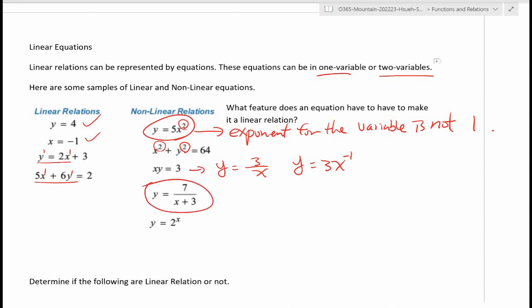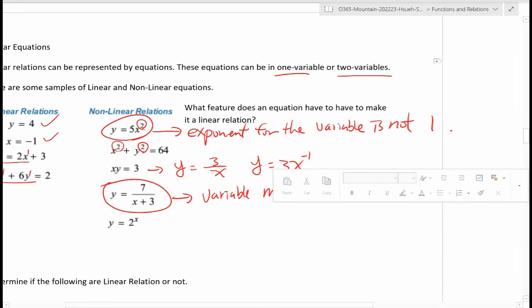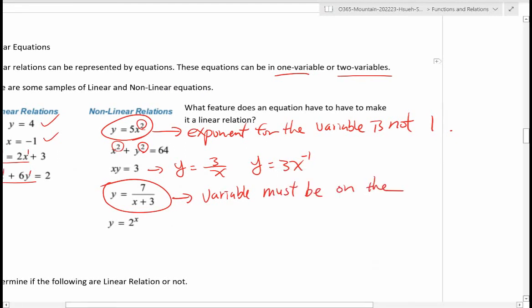That is what happened here. You can see the variable is in the denominator, and therefore this is not a linear relationship. So a variable must be on the numerator side, must be on the top.